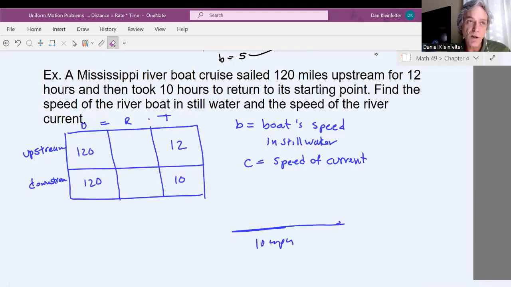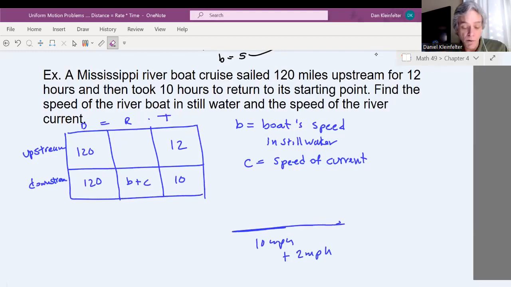If the water is flowing in the direction of the boat at, let's say, 2 miles an hour, then relative to an observer on the bank of the river, the boat would be going 12 miles an hour. 10 miles an hour is what the boat's motor is putting out, and the 2 miles an hour is the speed at which the water is propelling the boat. So we add together the two rates when we're going downstream: the speed of the boat plus the speed of the current.